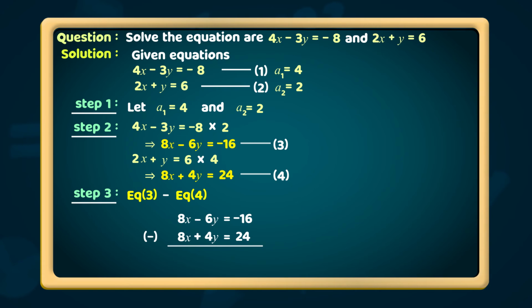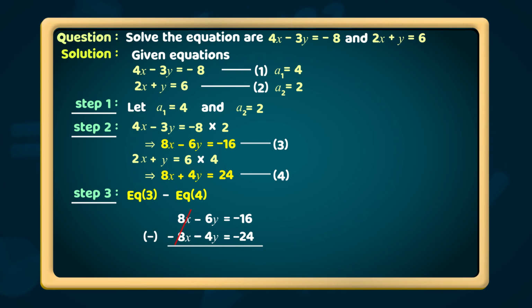The signs will be changed of the fourth equation, that is, first term becomes minus, second term becomes minus, and the constant becomes minus. First terms 8x minus 8x both are getting cancelled.